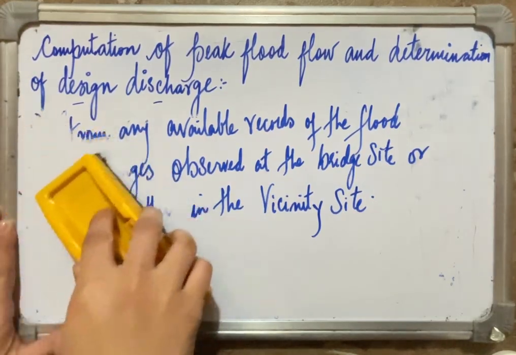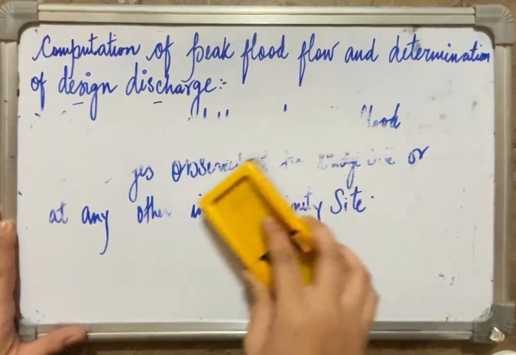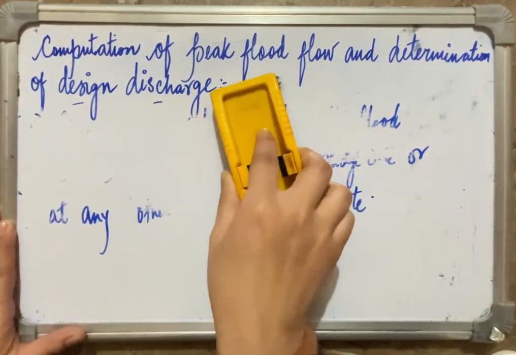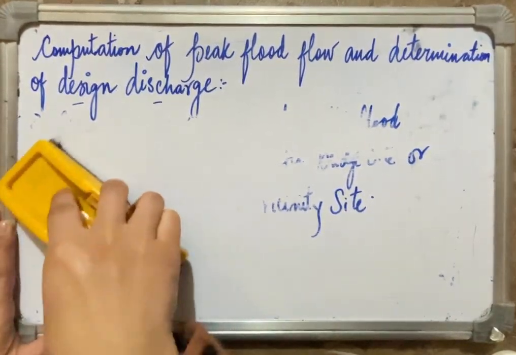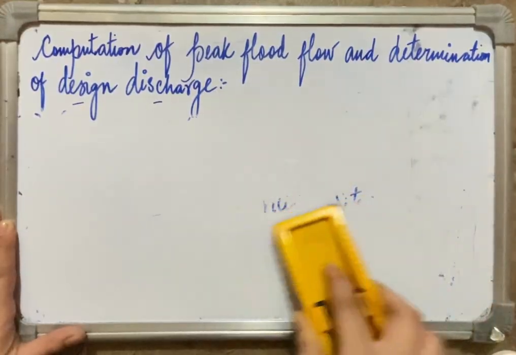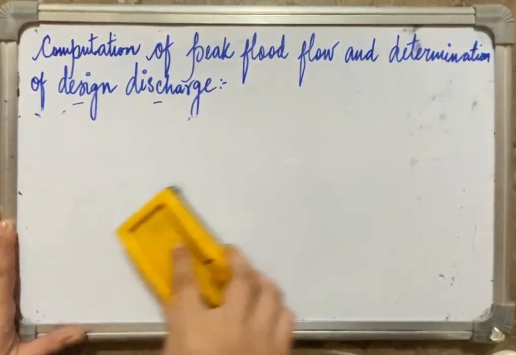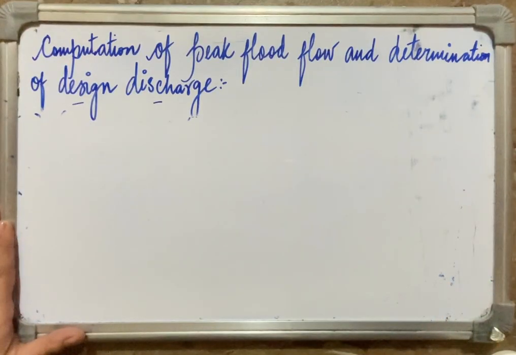We'll go through that also, by unit hydrograph method, or by making use of the available records, because floods, whenever they occur, are always being recorded vis-a-vis HFL, etc. So by making use of available records of the flood discharge observed at that bridge site or at any other site in the vicinity, we can go on calculating our maximum discharge.